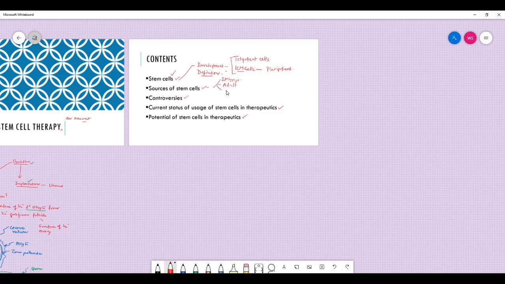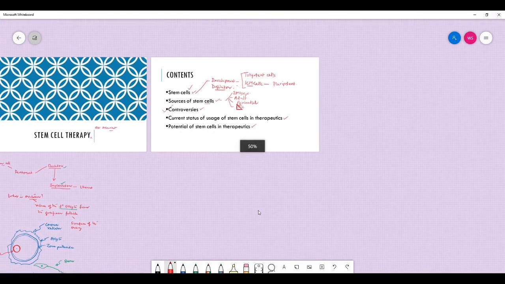The one that we get from the cord, what do we call it? Perinatal stem cells. And the Nobel Prize winners discovered what? Induced pluripotential stem cells. So we have talked about all these sources of stem cells. Now we are going to discuss the controversies. Let's go back to our diagram there.